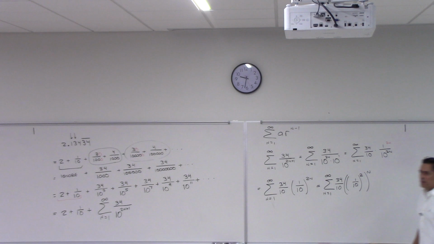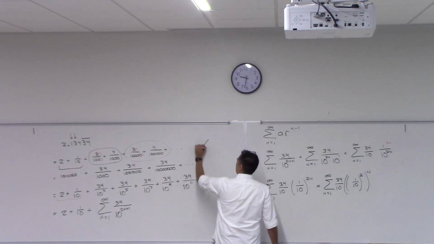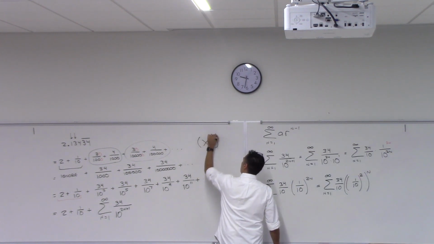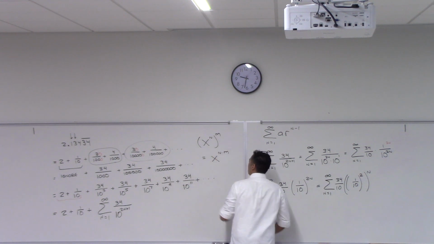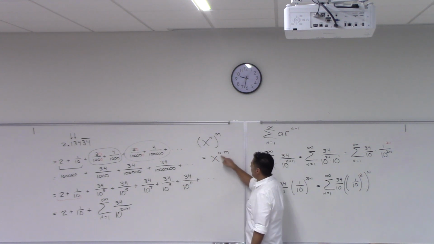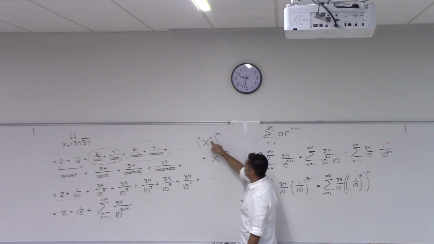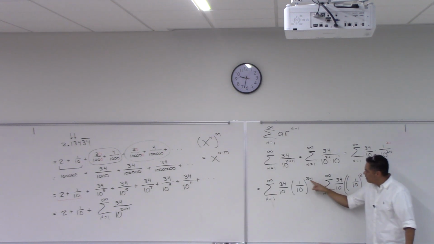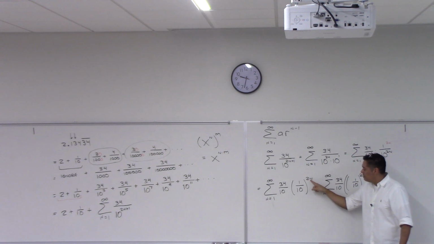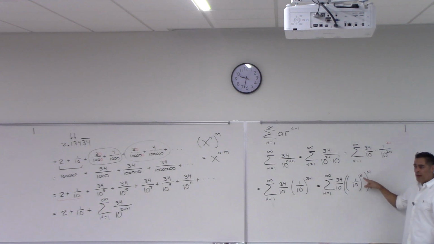And again, I'm going back to this property that x to the n to the m, if you have that in college algebra, that's still the same as x to the n times m. So if you multiply two things in the exponent, it's the same as taking it to a power then to a power. So that to a power, you multiply those two, you get this. I'm using that backwards. I'm realizing that this is 2 times n, and so I write it this way so that it looks like 1/10 to the 2, all that to the n. Do you all agree with that step?